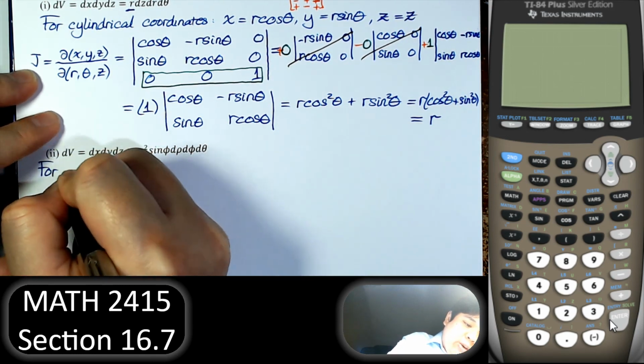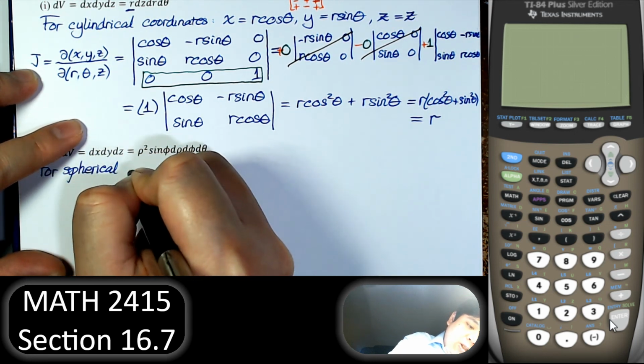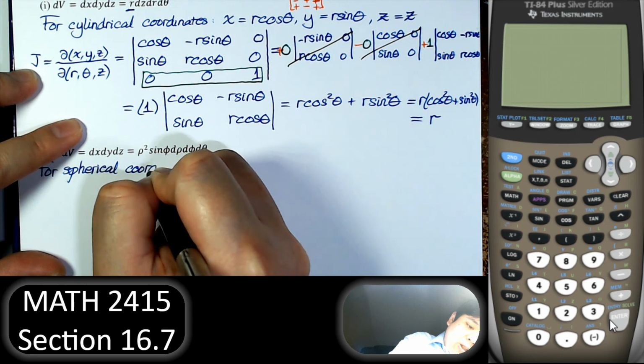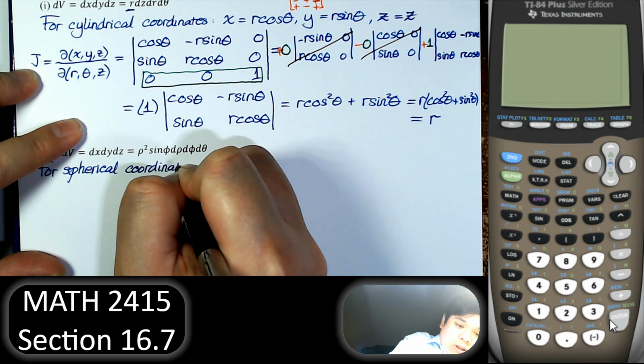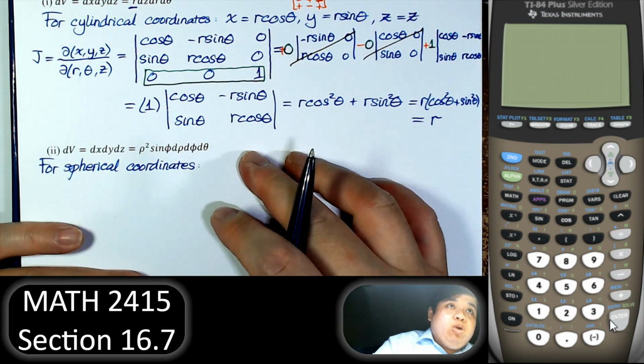So for spherical coordinates, I should move everything up to have more space here.